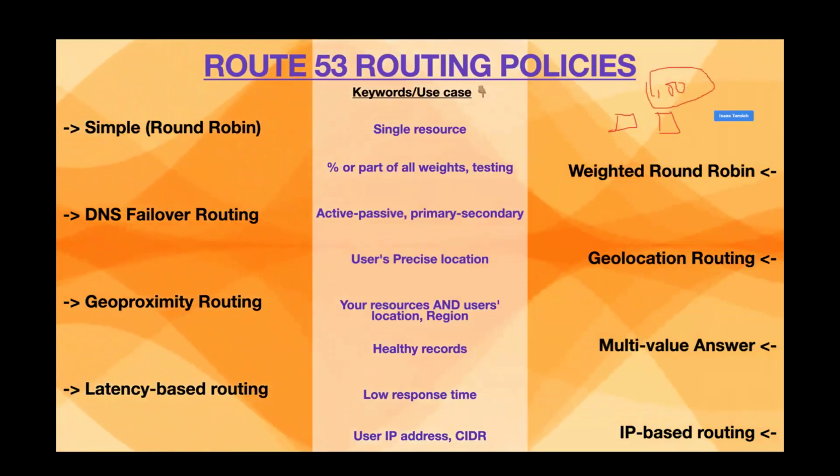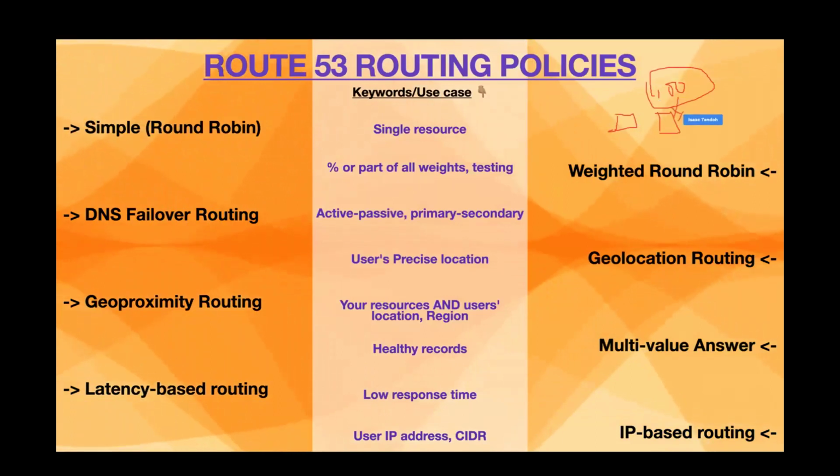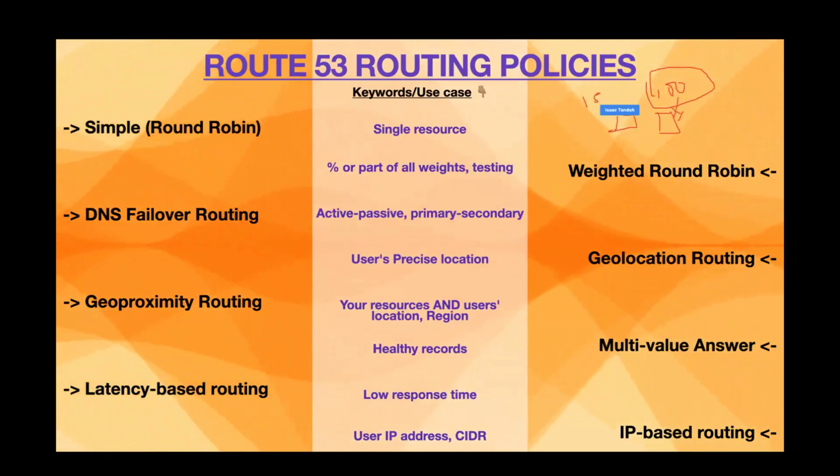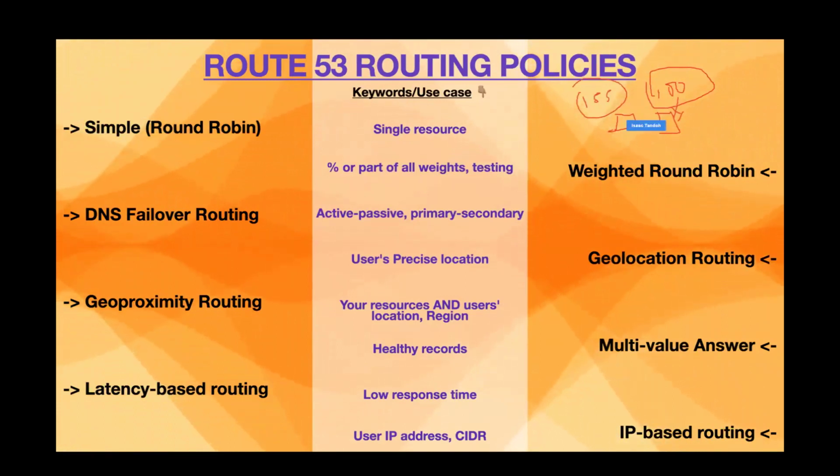Send 100 of the load to this server. And then, because the total is 255, send 155 to here. So it means that this server will receive more load than this. That's just the weighted round robin.